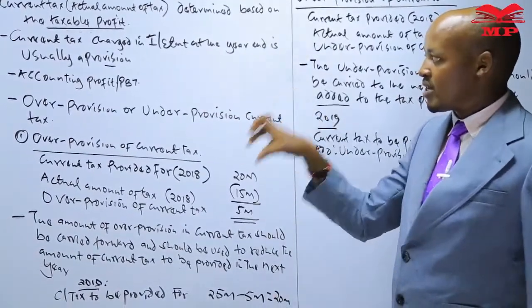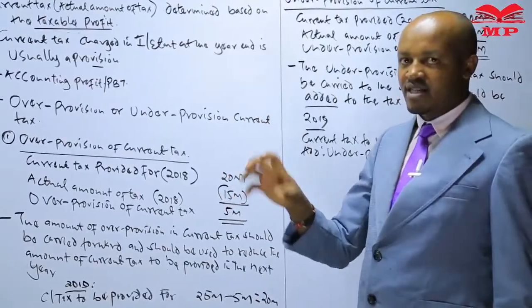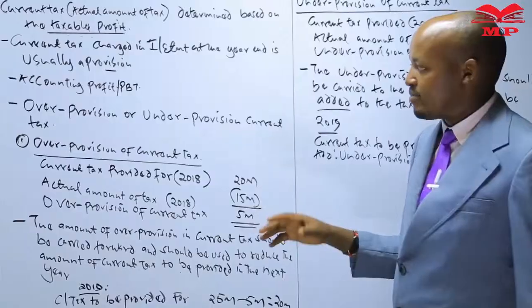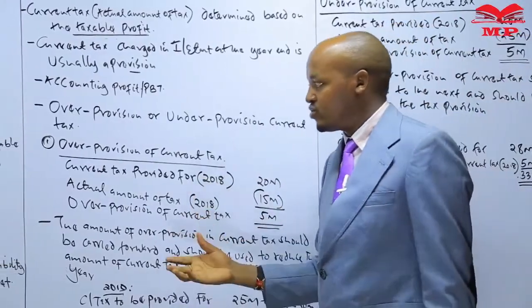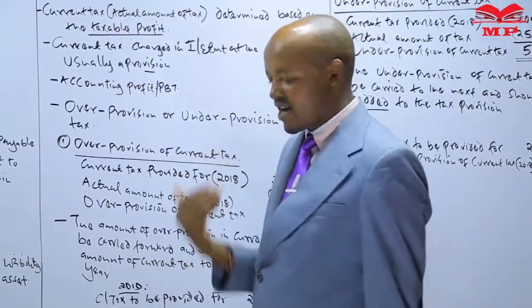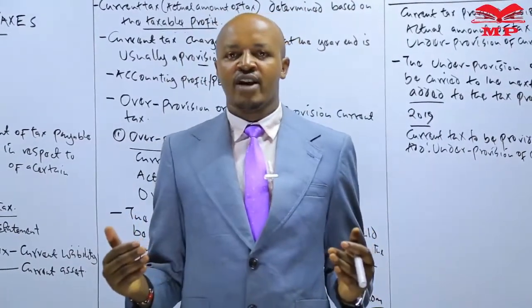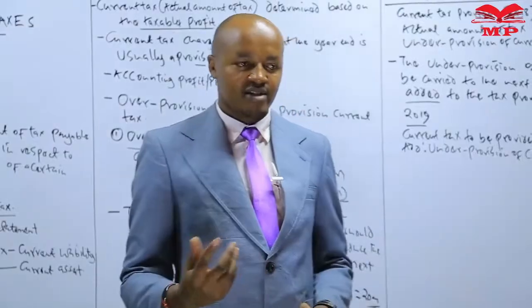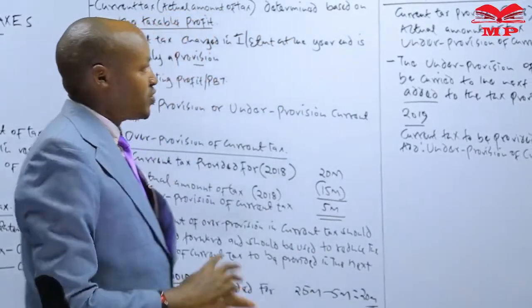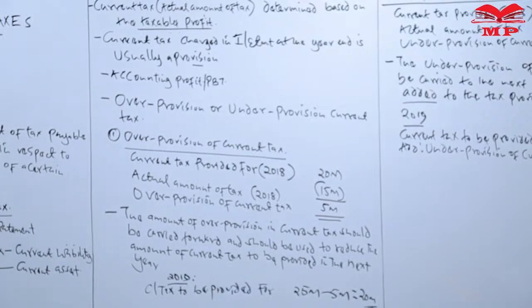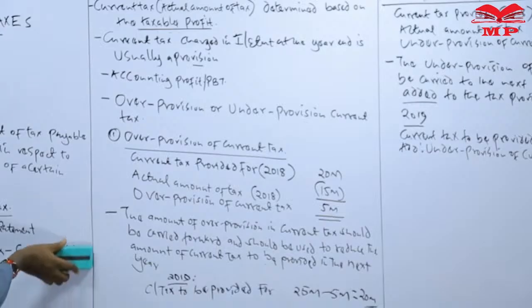So once a provision has been made at the end of the year, it can give rise to over provision and also other provision. In that case, you need to know how the over provision of current tax arises, how we account for that, how the other provision of current tax arises, and also how we account for that. That is basically what you need to know about current tax.